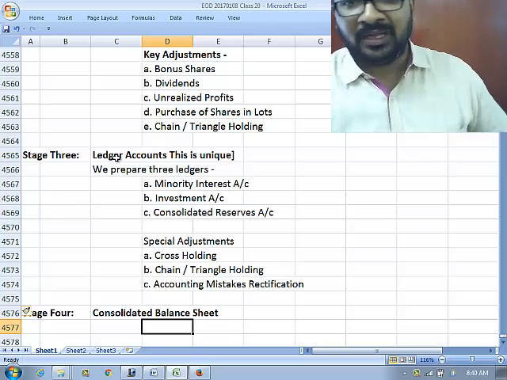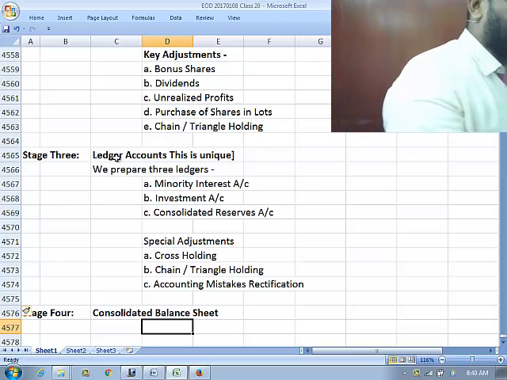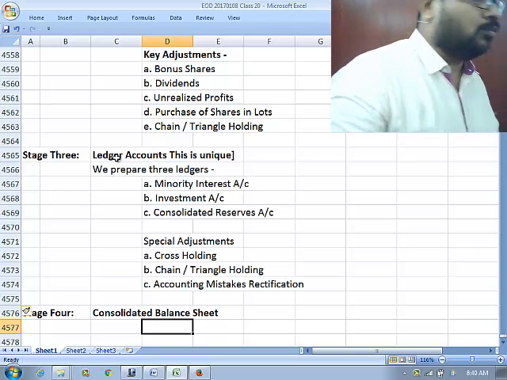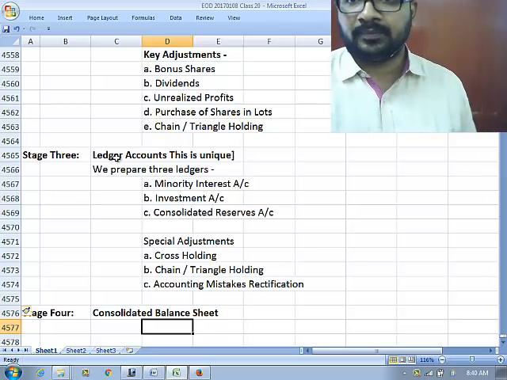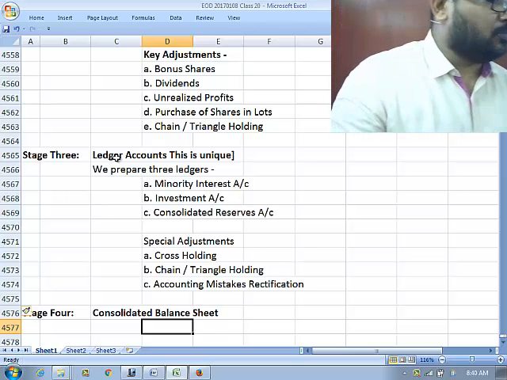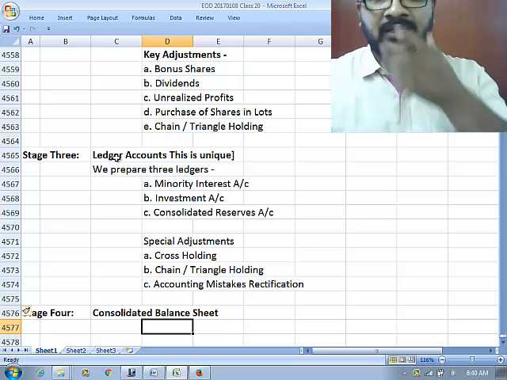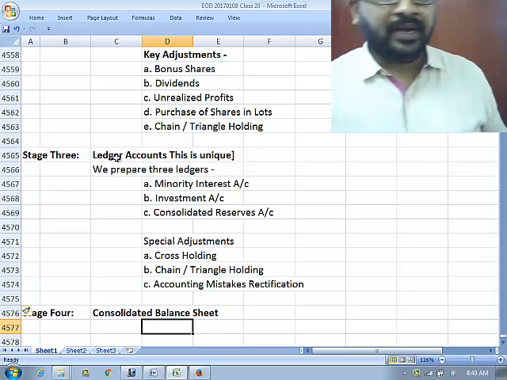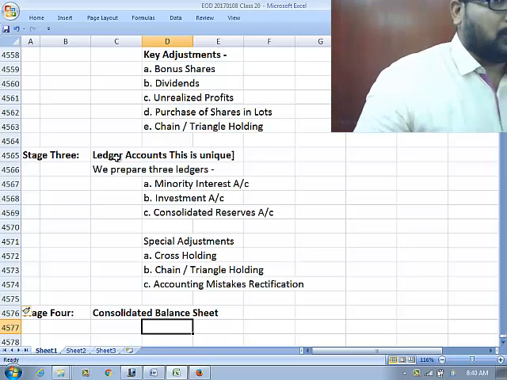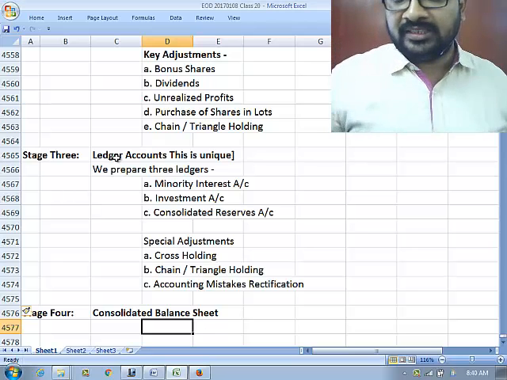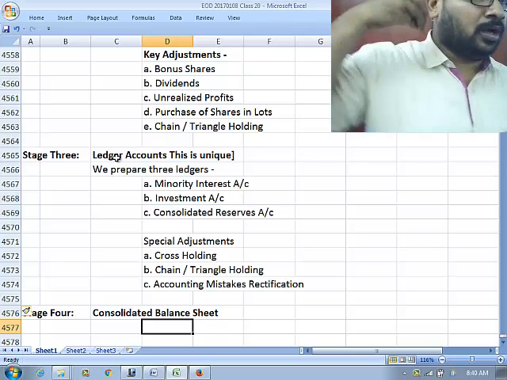The adjustments. If we can concentrate on that activity alone, we'll probably cover more areas in a short span of time. Which is what I would insist on when we start solving questions. In fact, in the first 2 questions, 60-70% of the activity you will do all by yourself.